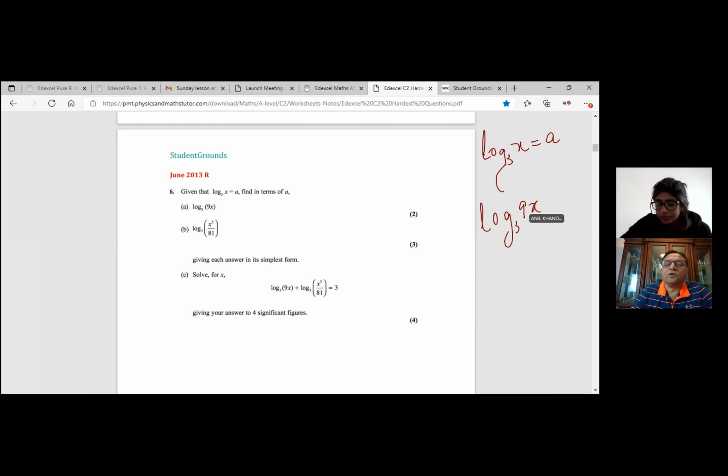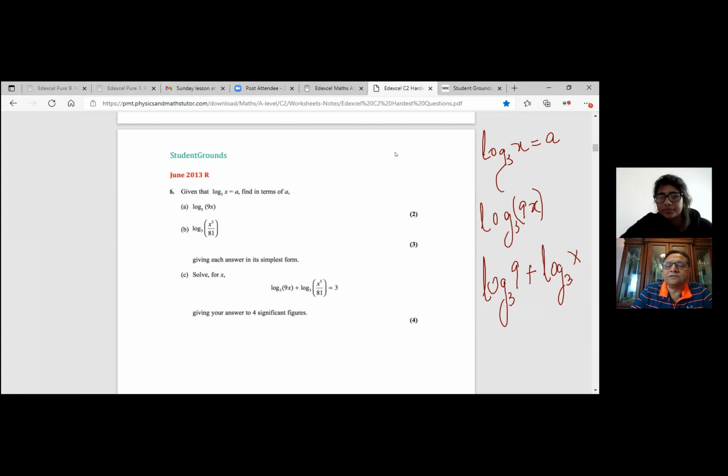So basically, you have to use properties of log. When you say 9 times x as an argument, it basically means it is log of 3 of 9 plus, because it is being multiplied. So log of a times b will be log of a plus log of b, so log 3 of 9 plus log 3 of x. Now, what is log 3 of 9?